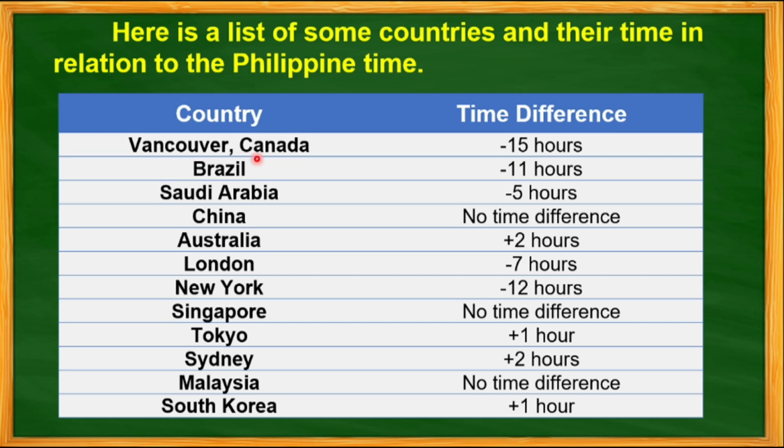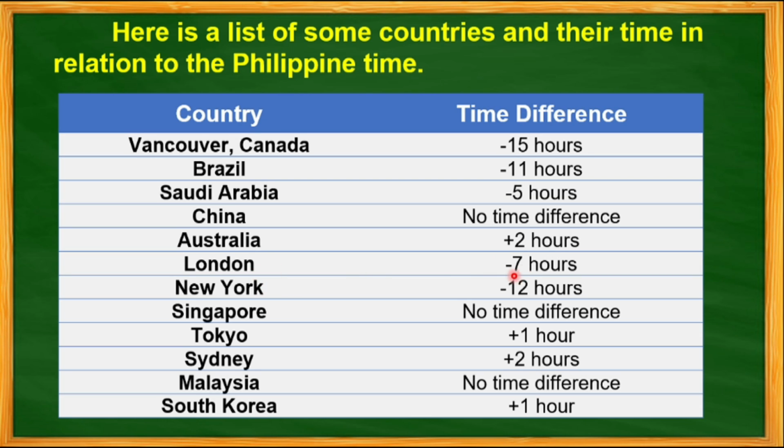For Vancouver, Canada, we have a difference of negative 15 hours. For Brazil, we have negative 11 hours. For Saudi Arabia, we have negative 5 hours. And for China, no time difference. So it means we have the same time zone. And for Australia, we have plus 2 hours.